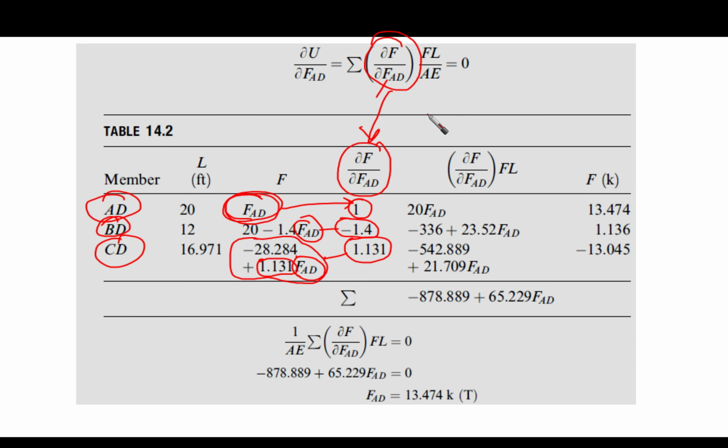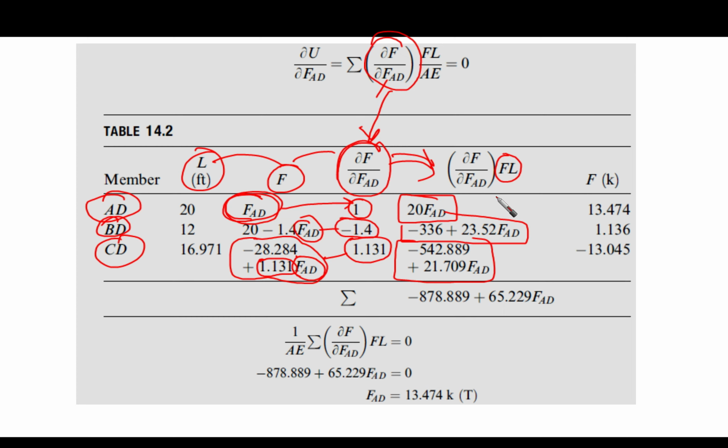Now let's go to the multiplication part. We're going to multiply this term by F, and we multiply it by L. Just the first three columns are going to be multiplied, and the multiplication result is going to be reported in the fourth column.